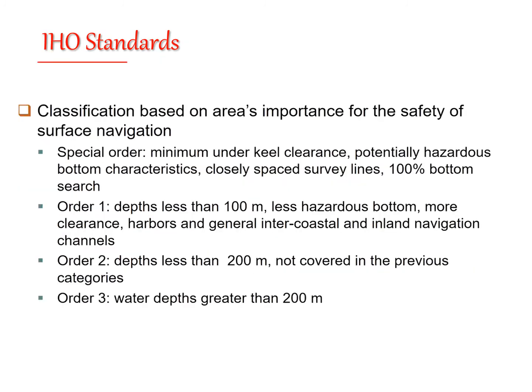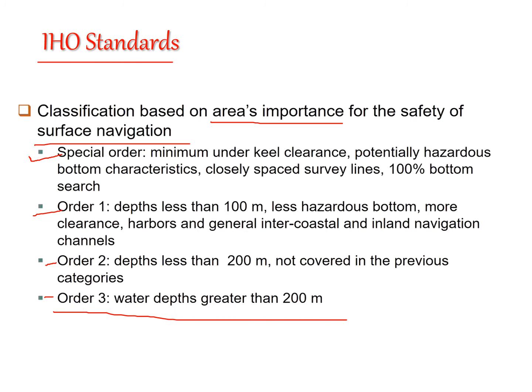Now we'll see in detail what the IHO standard is. It is a classification based on the area's importance for the safety of survey navigation. The standard has special order, order 1, order 2 and order 3. I will start with order 3: water depth greater than 200 meters.